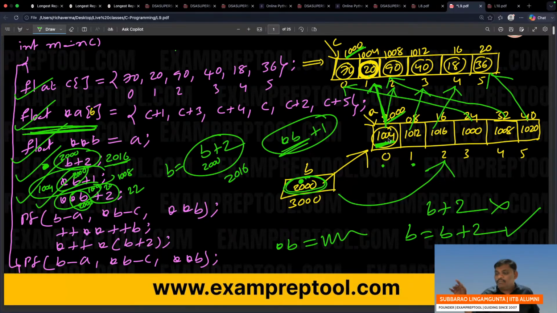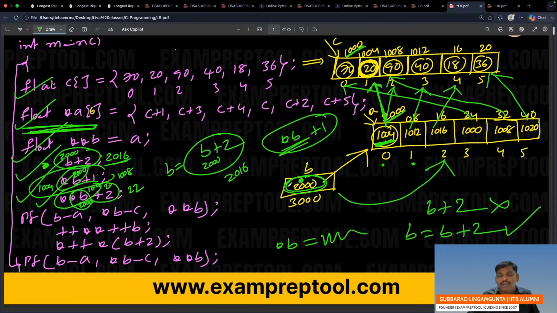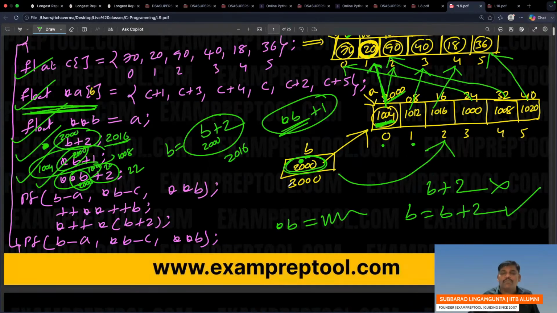There are so many tricky questions here. GATE itself is tricky. No need to praise the question paper. Some people will write the GATE exam only to praise the question paper. GATE paper is very, very interesting, so crazy, right?